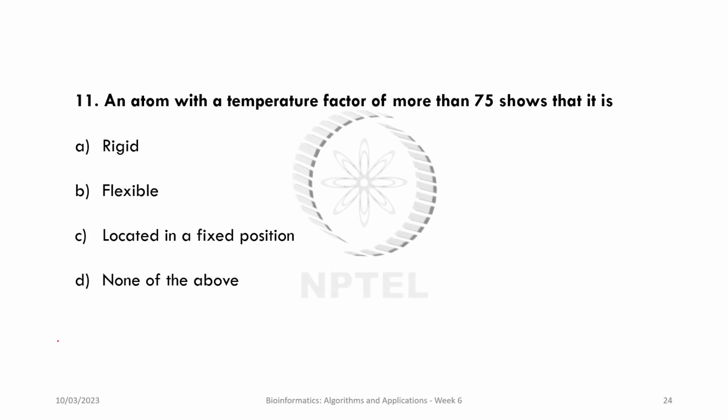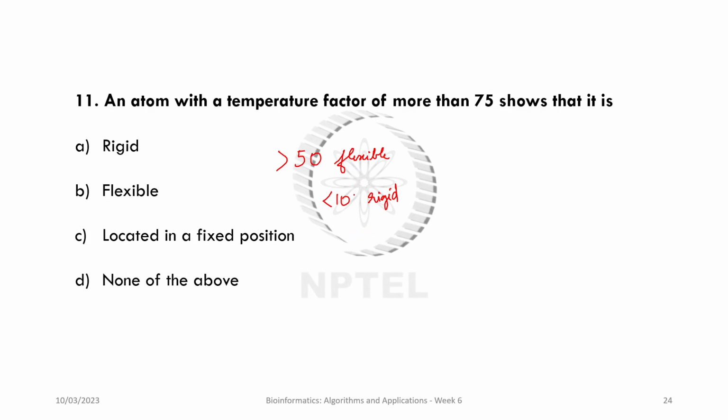So 1, 2, 3, 4, 5. Right? So whenever the B factor or temperature factor is greater than 50, it means they are flexible. And less than 10, they are kind of rigid, or you could call them fairly stable or not moving so much.